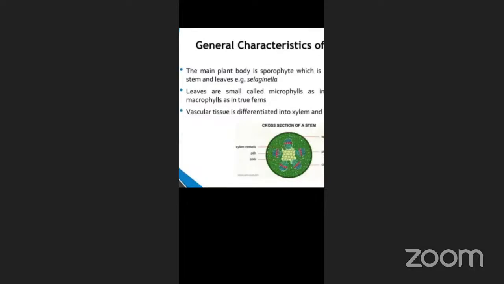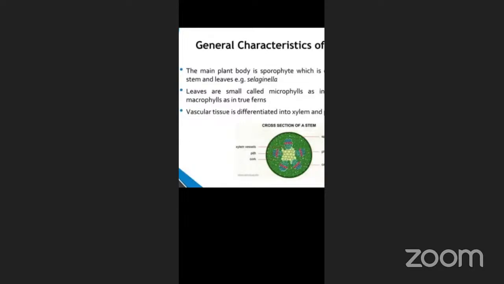Coming to another topic, some relations with the bryophytes. Some characters of pteridophyta are closely similar to the bryophyta. What are those characters? You know the bryophyte characters from the previous classes we discussed.